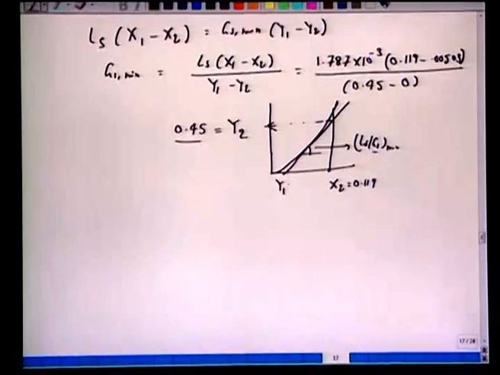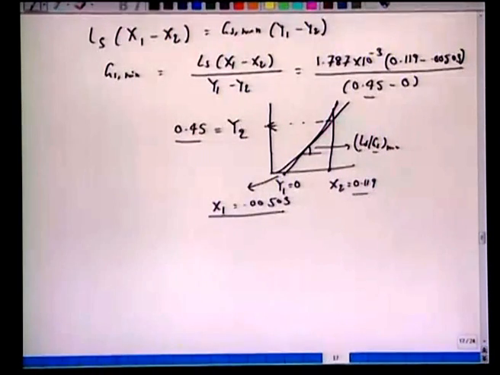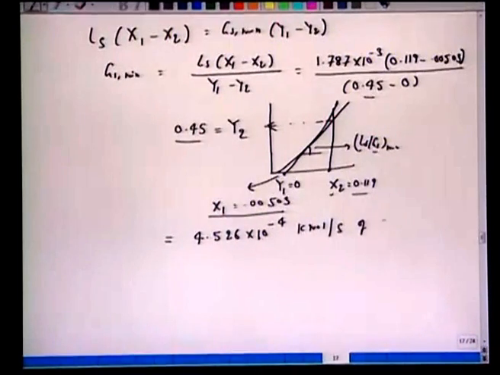This is y1 which is 0. We have 0.119, and we have 0.00503, very small amount. So from the slope, wherever it makes this intersection, this tangent here, and x2 is fixed, we get y2. We substitute here to obtain this Gs min as 4.526 times 10 to the power minus 4 kilomole per second of steam.